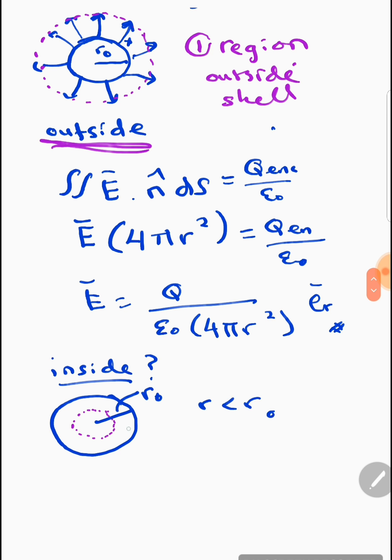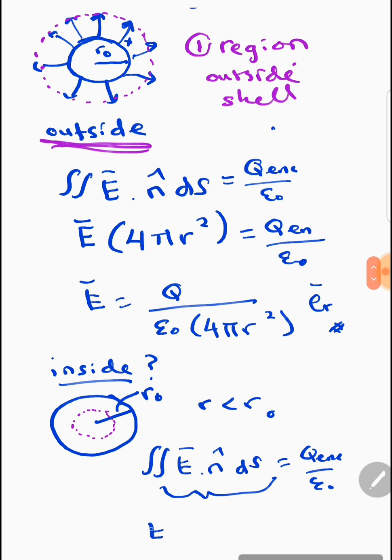R here points to the purple dashed circle that you see here. Again I have E n cap dS equals Q enclosed over epsilon naught. From the example at the top, we can indicate this as E 4 pi r squared, isn't it? But then, here's the catch.